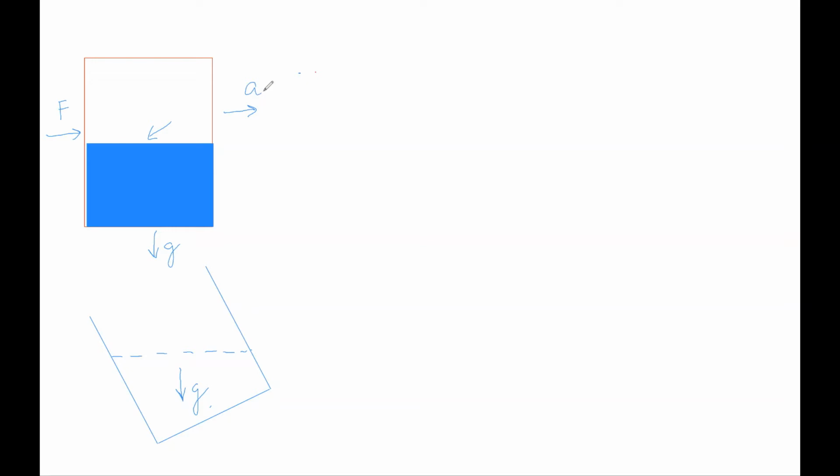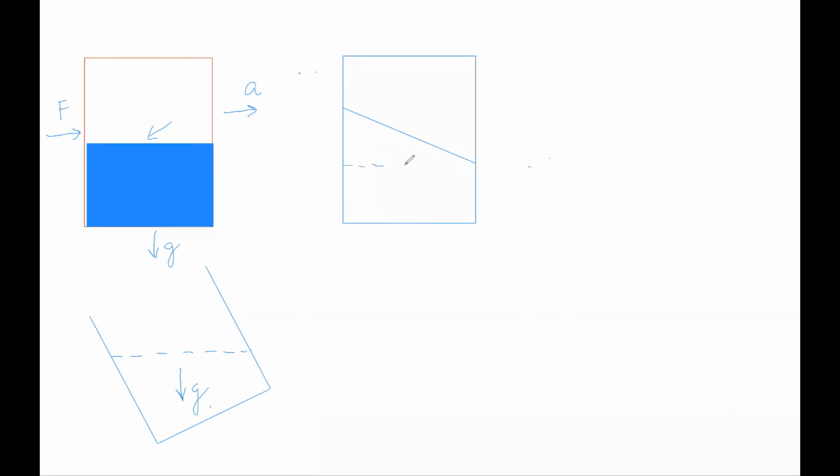As a result, the surface of the liquid will now become tilted. I will show that situation by drawing it once again. So the same container is now being accelerated horizontally, and if we draw it, the surface of the liquid will be tilted in this way. That is, the surface becomes inclined with respect to the horizontal.